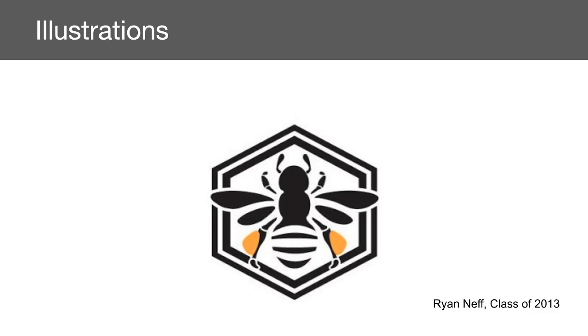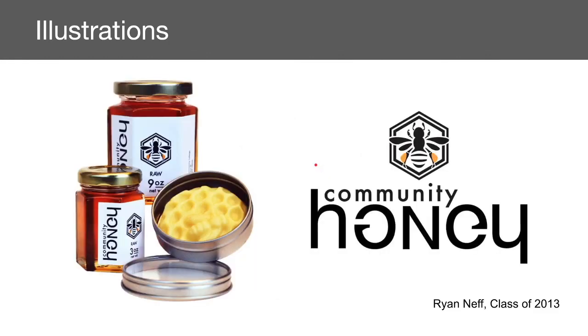So the idea is that he was talking with the biology department and creating an illustration, and he brought it down to the bare essentials. He even put a little dabs of honey of how they collect it, and created this logo. And ultimately, here's the jars of honey that they were making.